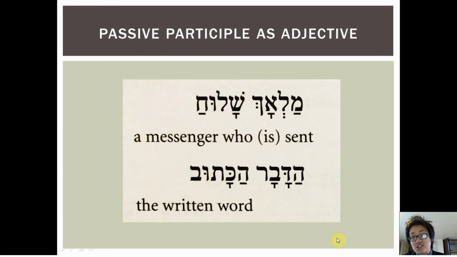So the adjectival participle agrees with its nominal partner hadavar in terms of gender, it's masculine. In terms of number, it's singular, and also in terms of definiteness, that is, it has the definite article he on the front. Hadavar hakatuv. The written word is how you would translate that, or the word that is written.